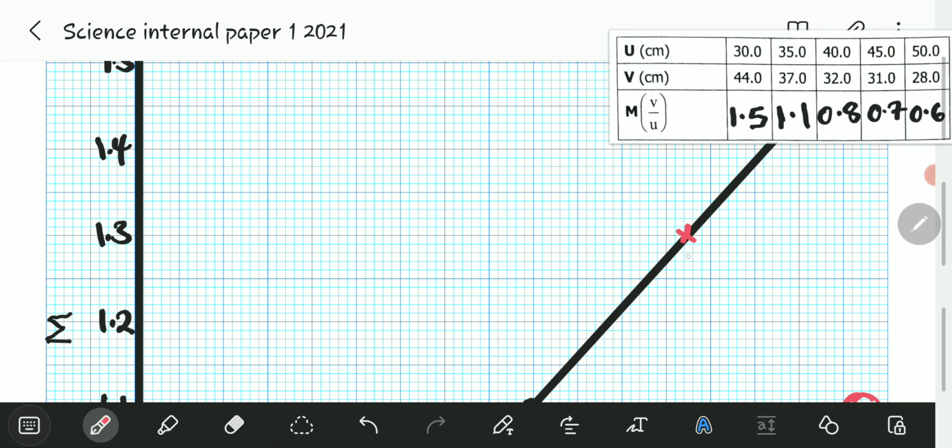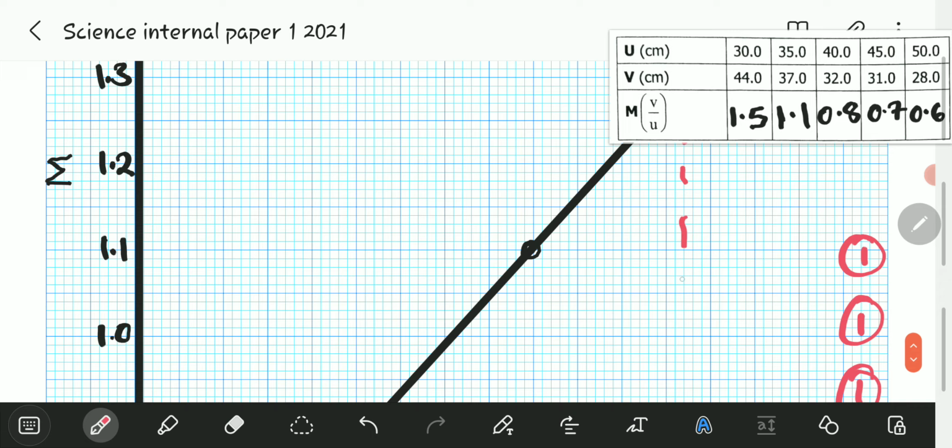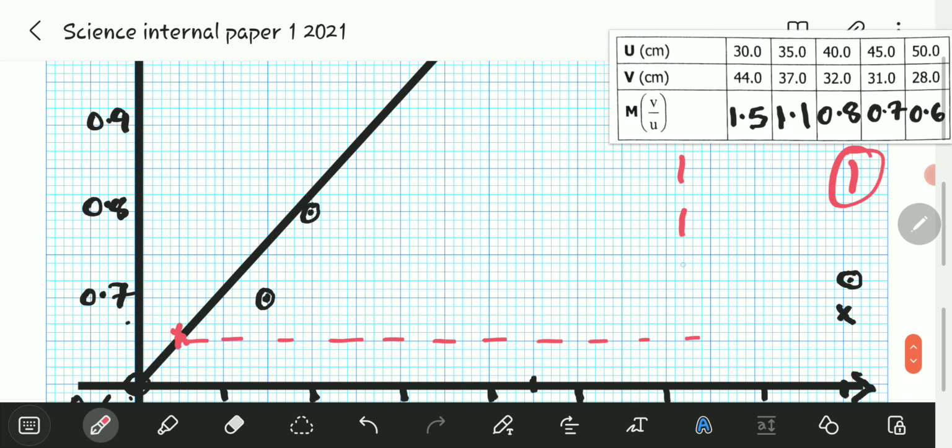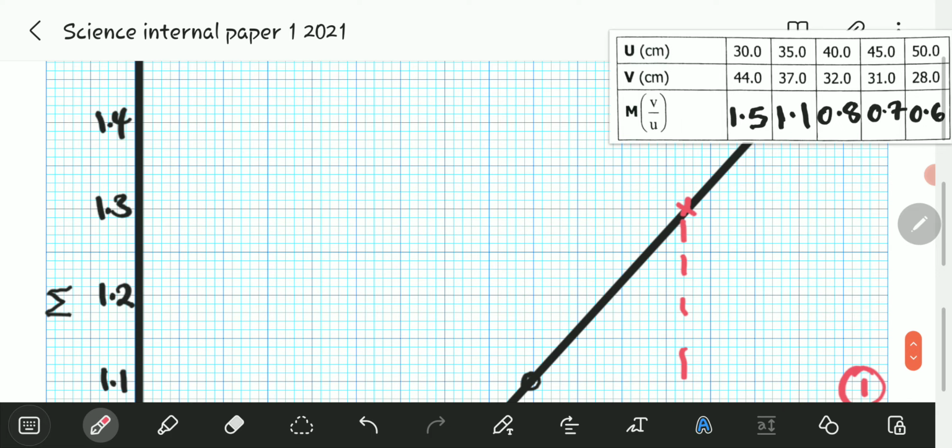I draw a dotted line so that the two lines meet. This is important. So just like that, you can see it's more like a triangle.